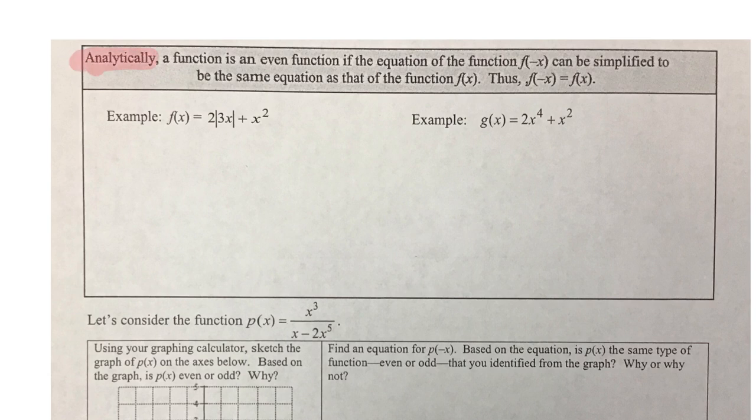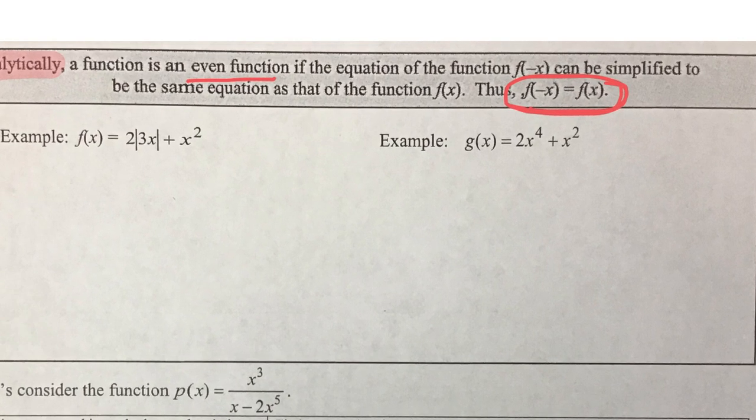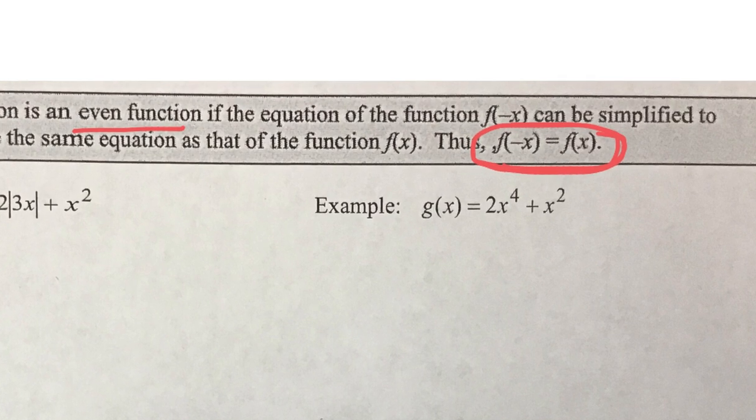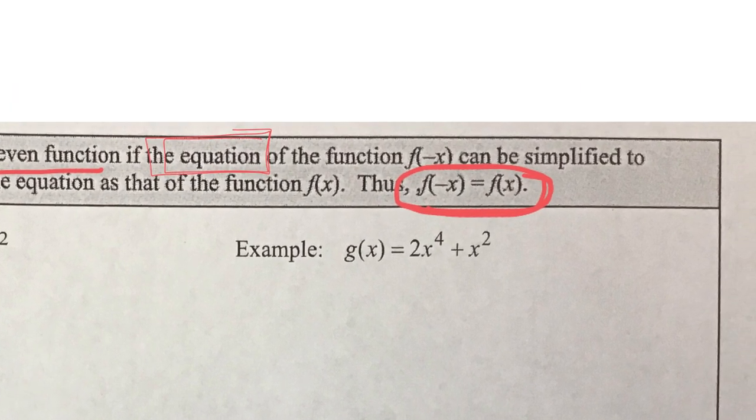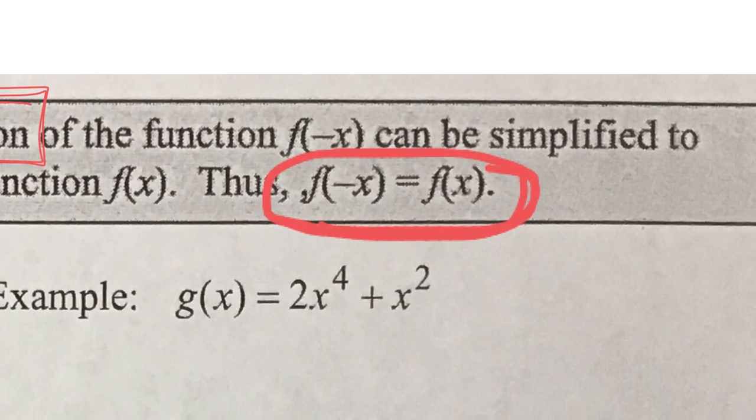So we know that a function is even if it behaves in this manner, if the equations come out to be like that. Okay, so we're going to look at the equations. We're going to analyze our equations. If the equation of the function, so what does this mean, f of negative x?